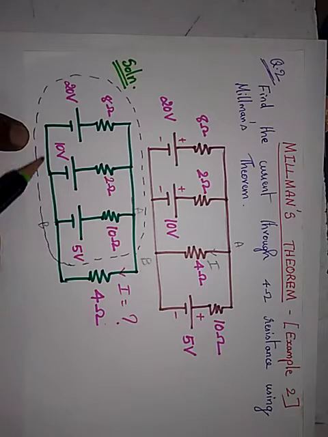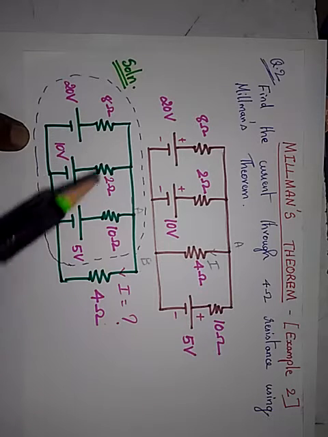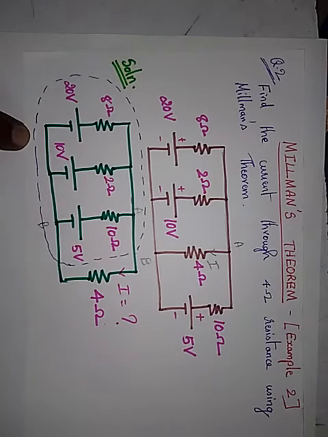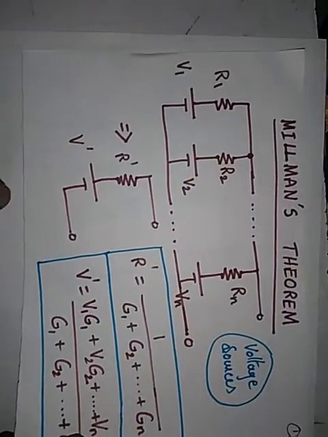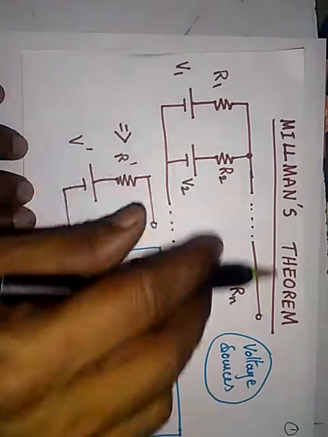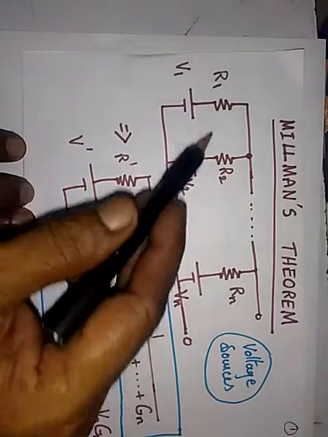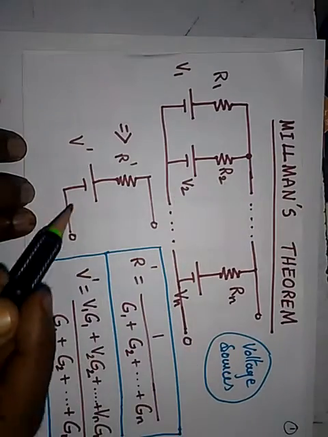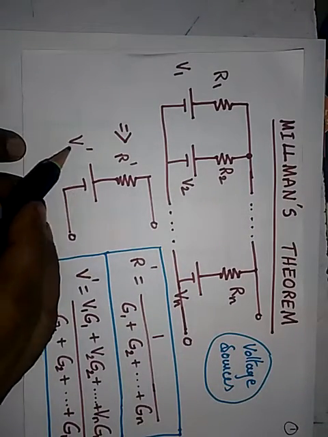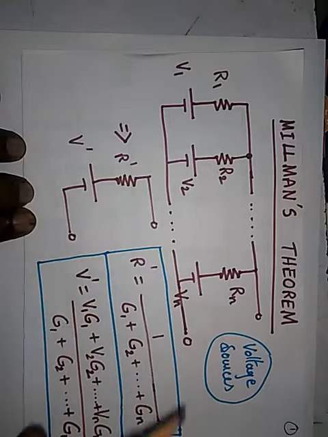So these three sources with their series resistance can be converted into a single source and a resistance using Millman's theorem. So we already saw what is Millman's theorem. In Millman's theorem, if you have voltage sources in parallel along with their series resistance, this can be replaced by a single voltage source V dash and a single resistance R dash.